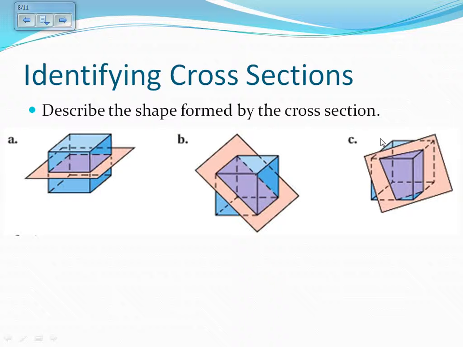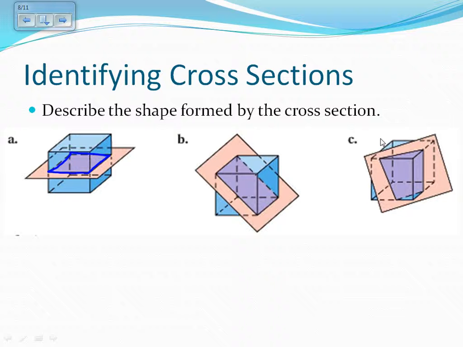You're cutting it right here. I know it doesn't look like a square because you're viewing it at an angle. Imagine a cube. I don't think I have a cube, but imagine if you have a box. All right, picture it, it's almost the same. If you slice straight through it, all the way across, it's going to be the same exact shape as whatever the top and bottom are.